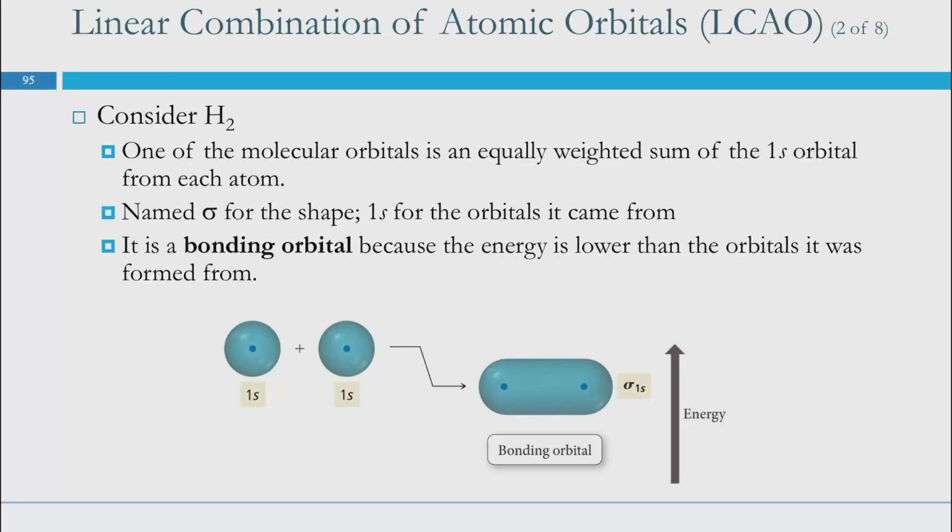That's sort of like adding them. And because they're in sync, because their waves are overlapping in a good way, it lowers the overall energy because of that interaction. And we would call this a bonding orbital.